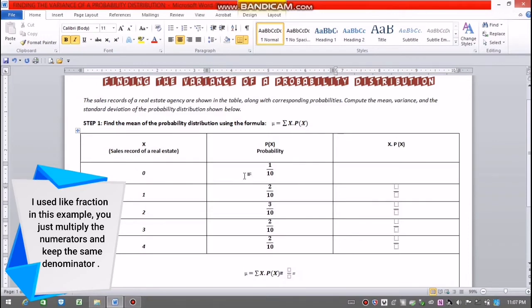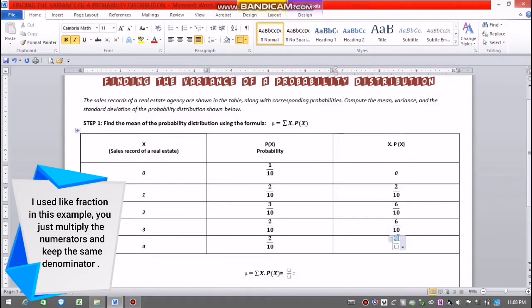To get the value, we must first multiply. For the first column, 0 multiplied by 1 over 10 is equal to 0. For the second column, 1 multiplied by 2 over 10 is equal to 2 over 10. For the third column, 2 multiplied by 3 over 10 is equal to 6 over 10. For the fourth column, 3 multiplied by 2 over 10 is equal to 6 over 10.